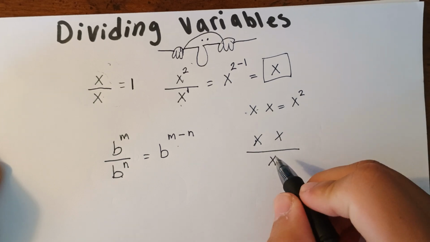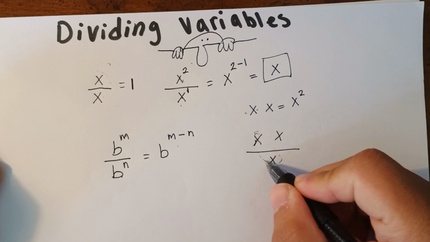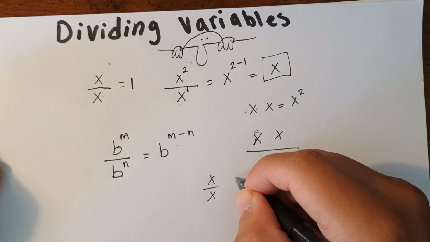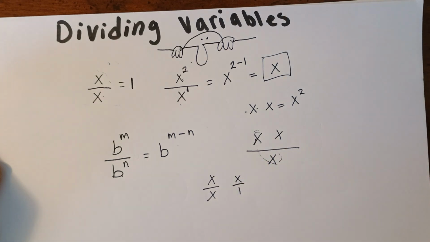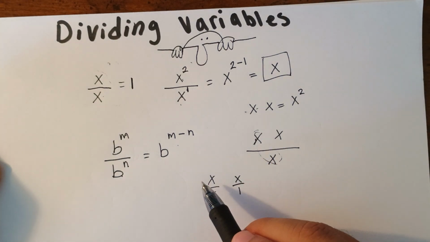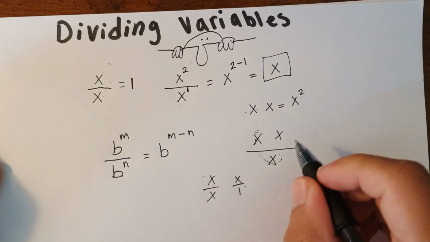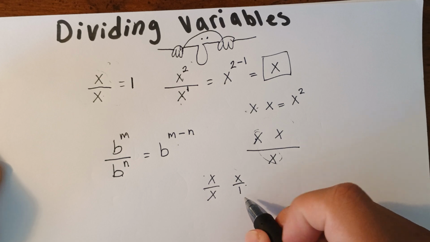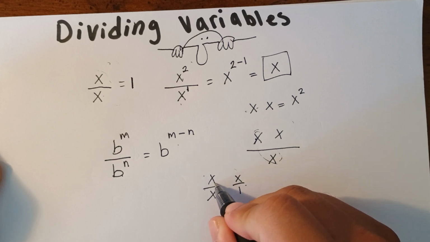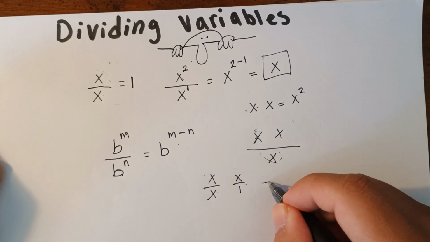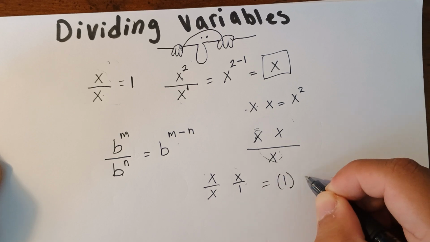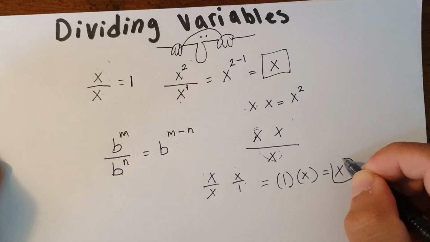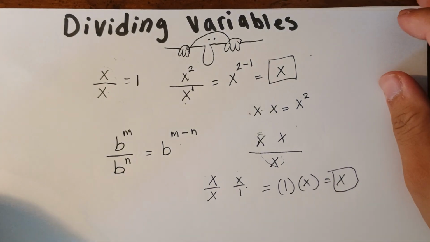We can pair these two together and make them their own little fraction on the side here, and do x over 1. If we were to multiply this and this, we would get this whole thing. I just split the fraction apart. And now we know that this is just 1. So we would have 1 times x, which is just x. And that's the same answer we got up here.